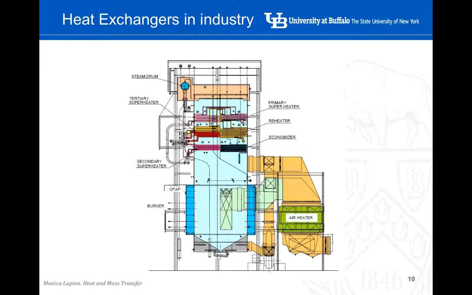So in the heat exchangers, we put the exhausted gases in contact with a cooler fluid in order to reduce the temperature of these exhausted gases before either applying these depuration technologies or emitting this exhausted gas to the atmosphere.